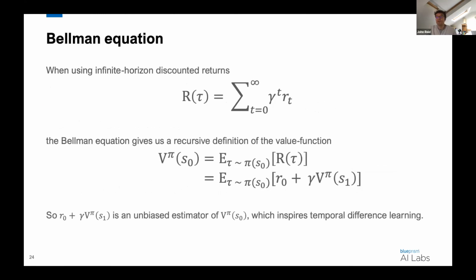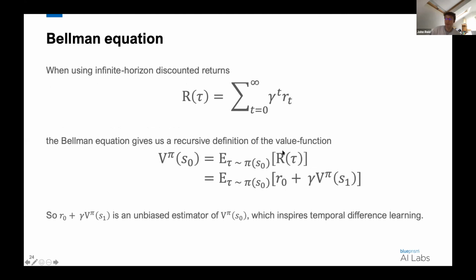So you might have heard of the Bellman Equation. So this applies when we're using these infinite horizon discounted returns. So remember, we've got this gamma discounting factor, and we're looking infinitely far into the future. And really, because we've got this definition of the V value function of a state, it's just the expectation over rollouts of the return.